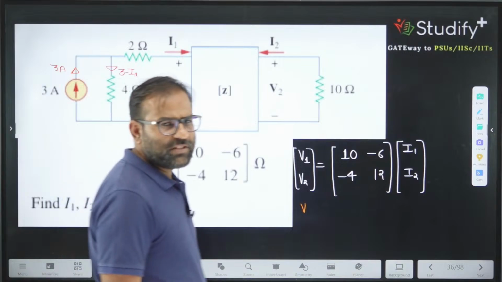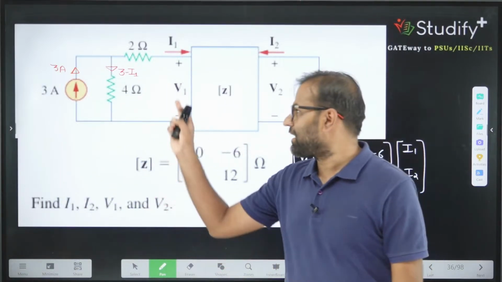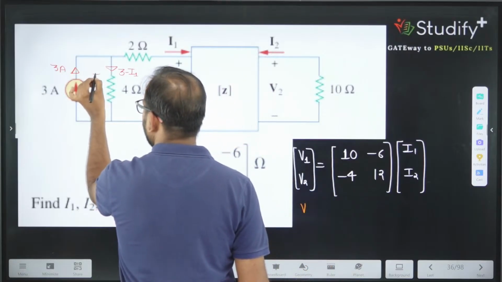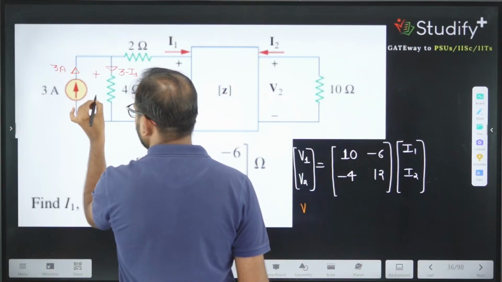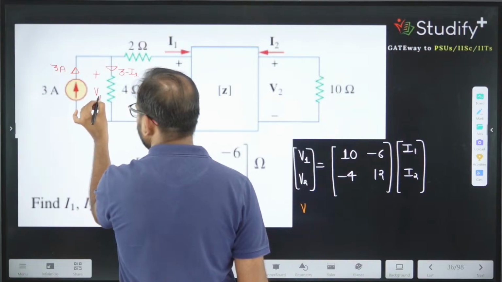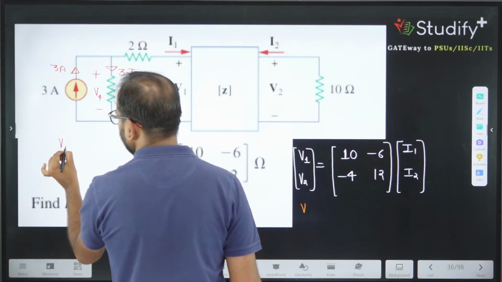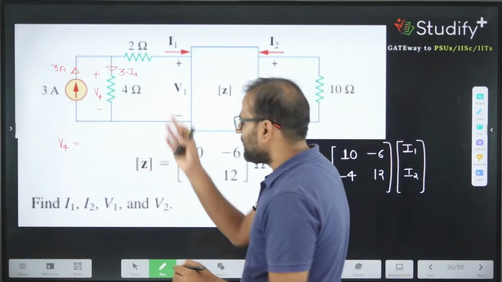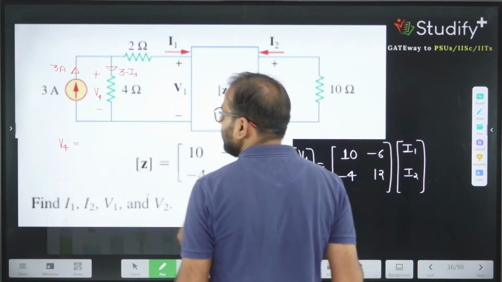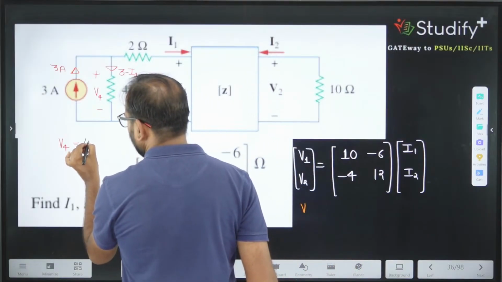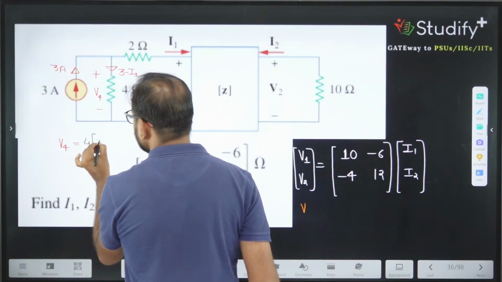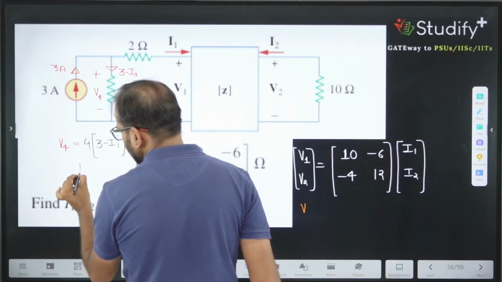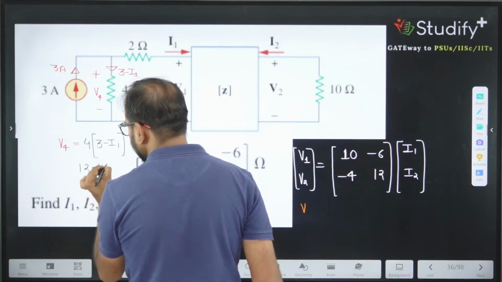Now we can apply one simple KVL to get V1. Let's call the potential drop across the 4 ohm resistance V4. V4 is nothing but current multiplied by resistance. The resistance is 4 ohm and the current is 3 minus I1, so this value is 12 minus 4I1.